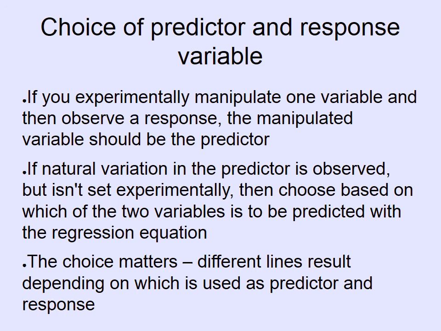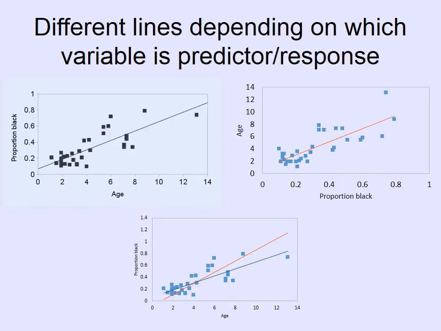We're going to practice this with our bear data, and there's an example from your book with the lions. We'll go through this in class, but you just get different lines, so it's really important to know who's on X and who's on Y, and why.